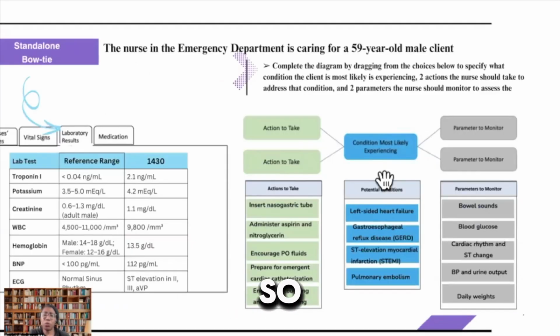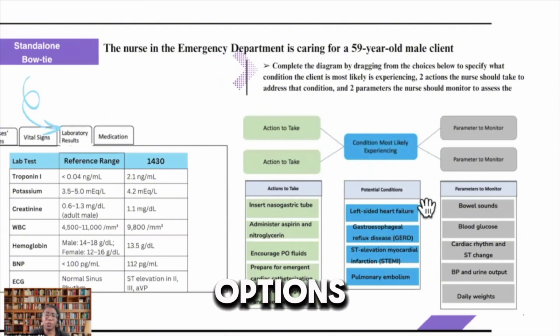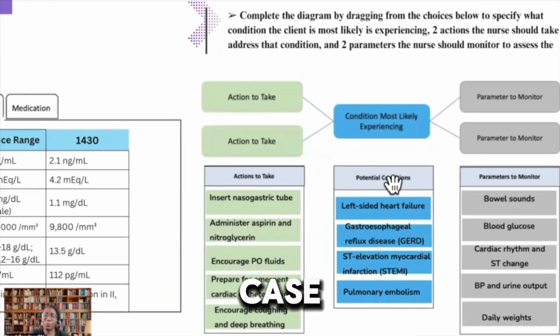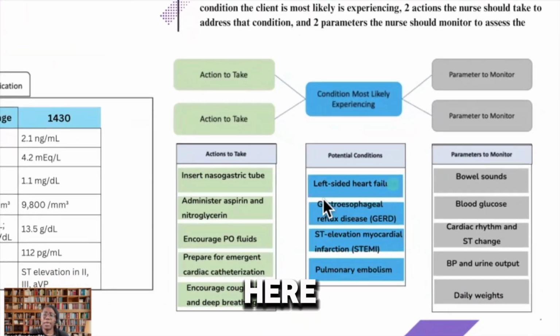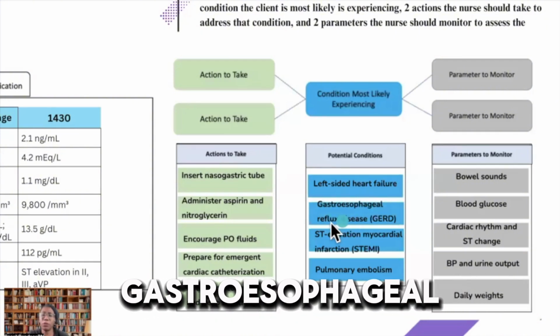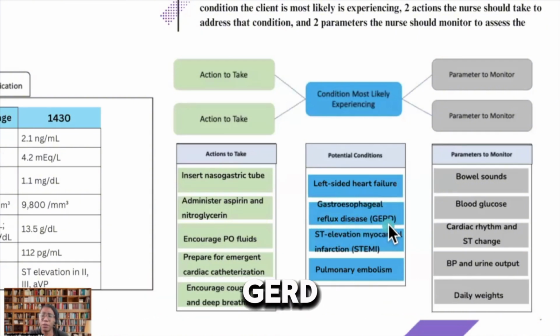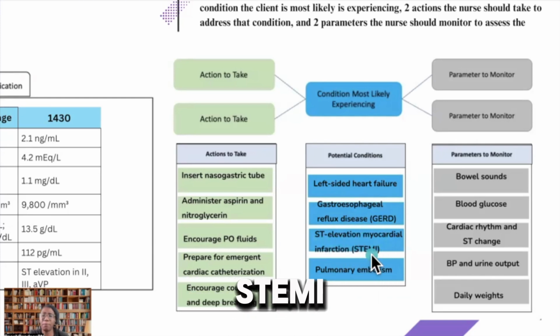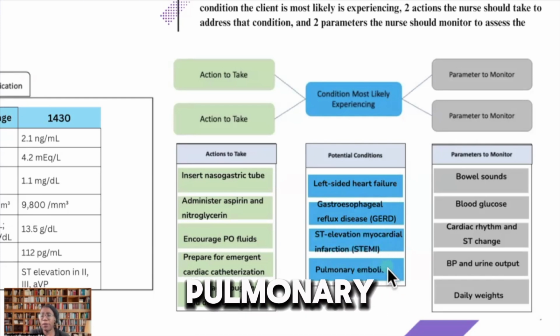So with that said, your condition most likely experiencing options are here. I'll read them aloud just in case. It's hard to see here. Left-sided heart failure, gastroesophageal reflux disease or GERD, ST elevation myocardial infarction or STEMI, and then finally, pulmonary embolism.